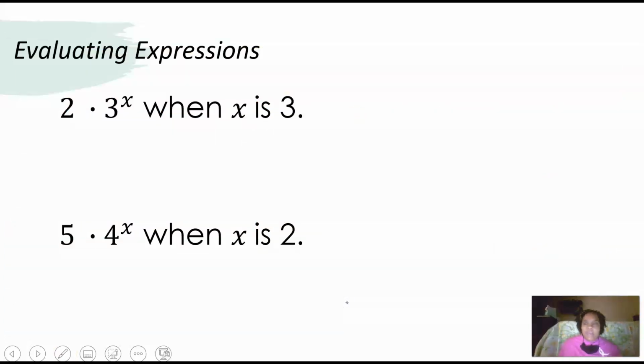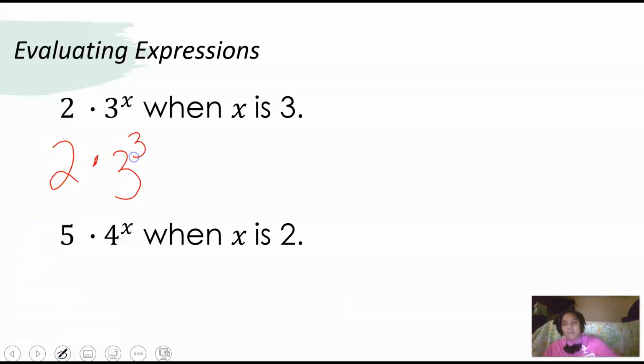Now we're going to be evaluating some expressions, okay? So here we have 2 times 3 to the x power. Let's evaluate this when x is 3. So here we have 2 times 3 to the 3rd power.